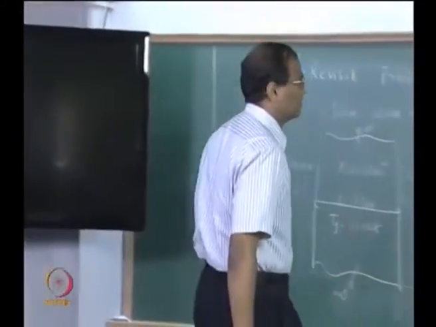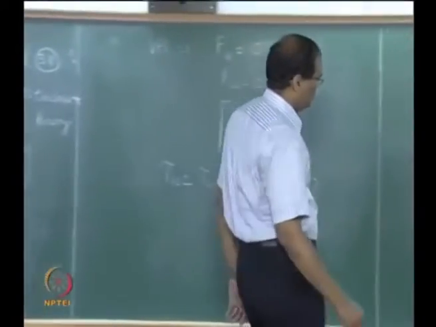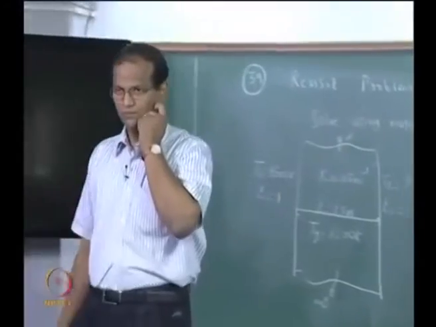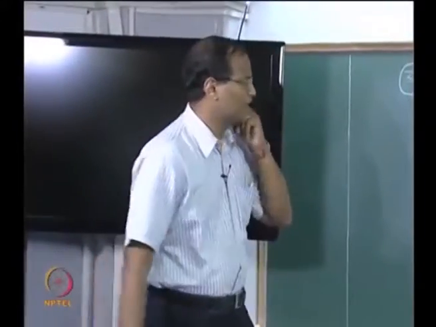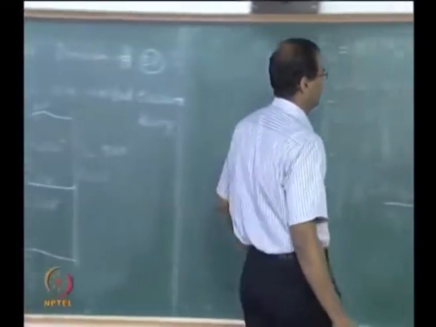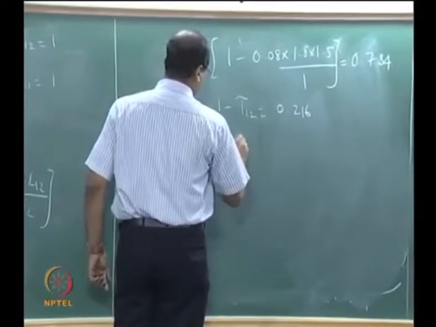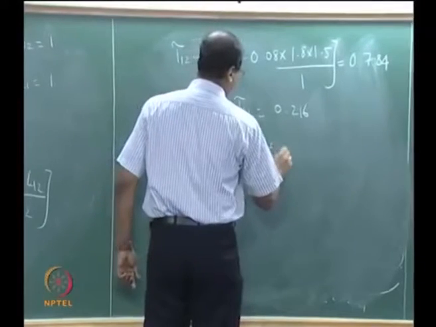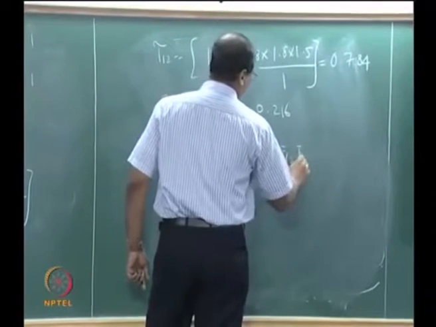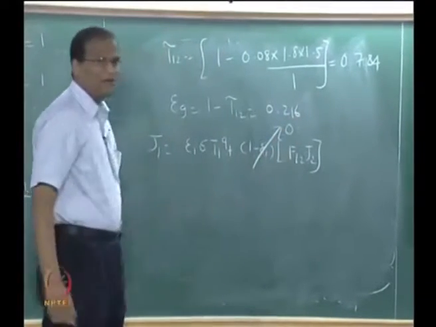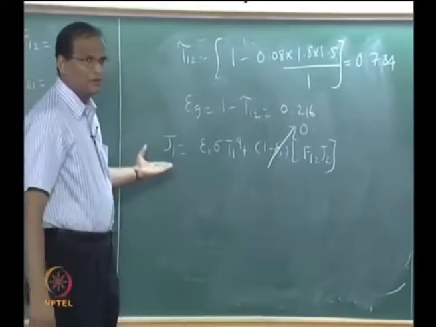Correct, okay. Now you have to use the radiosity radiation formulation J1, because it is a black wall, right, correct.